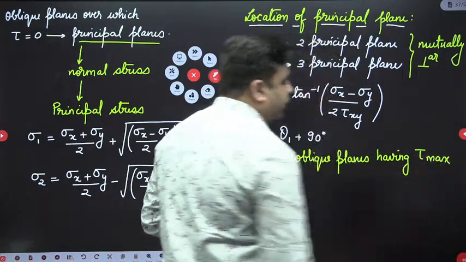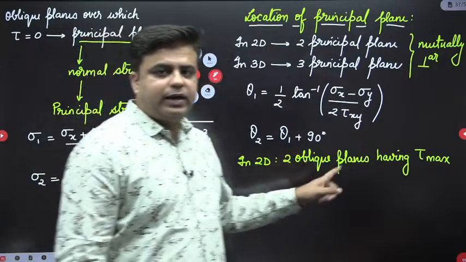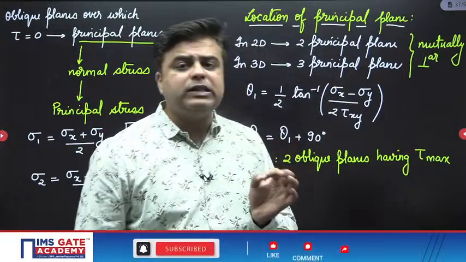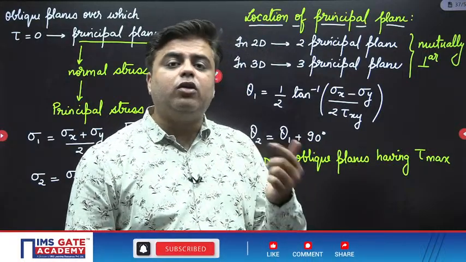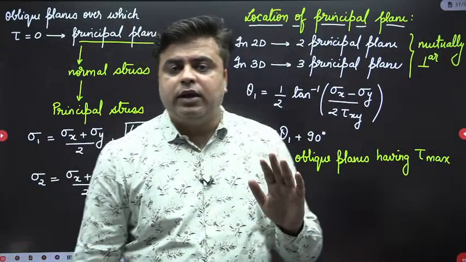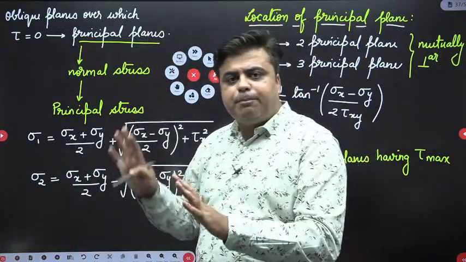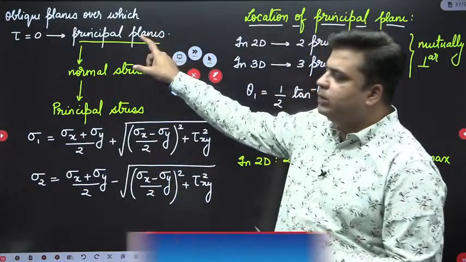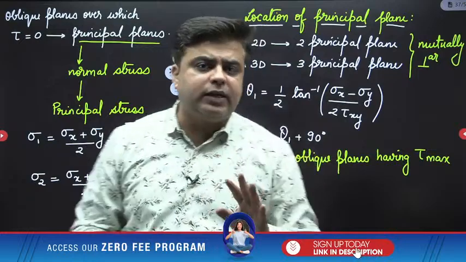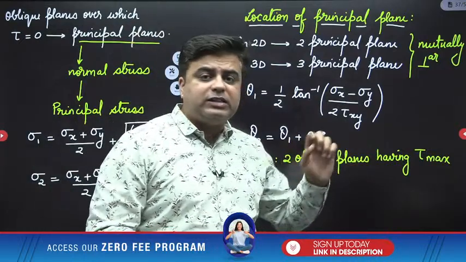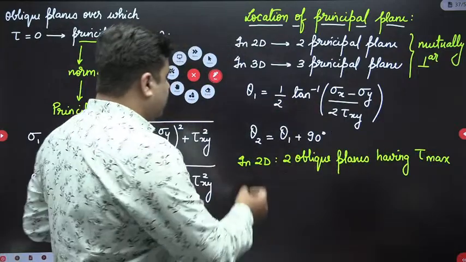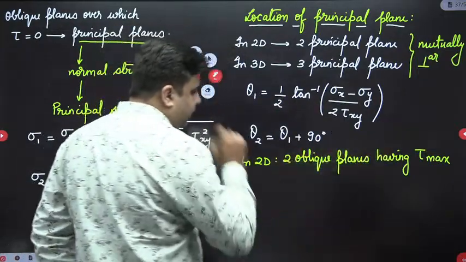On such planes where you get the maximum shear stress, normal stress can be or cannot be equal to 0. There is no compulsion. In a principal plane, there is a compulsion that shear stress has to be 0, but on the plane of maximum shear stress, the value of normal stress can or cannot be equal to 0. So in 2D, you have two oblique planes having tau max.